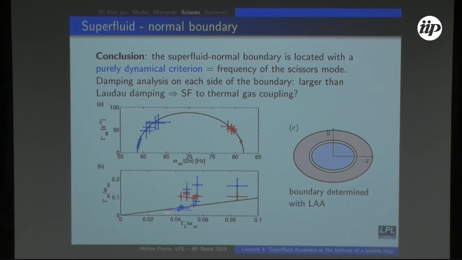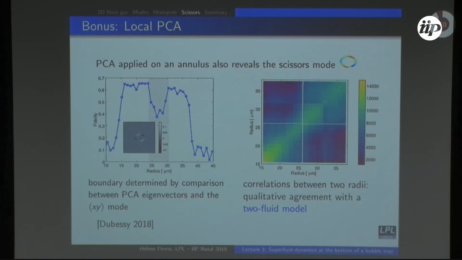And we see that at low damping and in the condensate, it is very similar to what we expect for Landau damping, but then at higher temperature, there are interactions with the gas, and we are away from that.